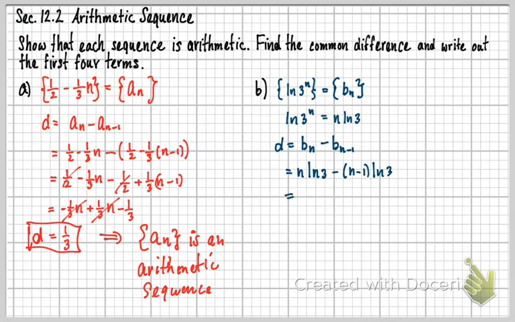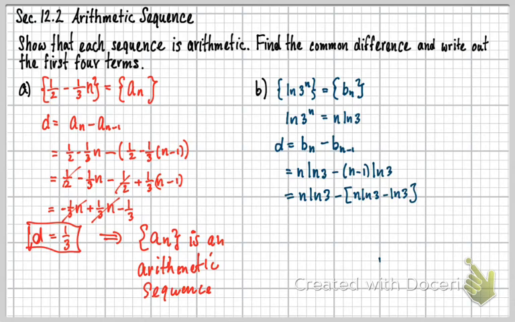So that's going to equal n ln of 3 minus, and I'm going to use a bracket here just so I don't mess anything up, because this negative and this n minus 1 in here can sometimes mess you up with one of your terms, and you'll see what I mean in a second. So I keep it in a bracket there, and I'm going to distribute this through now. So this is going to be n ln of 3 minus ln of 3.